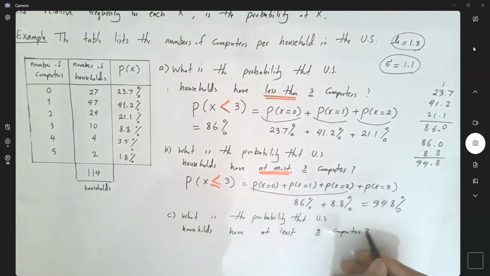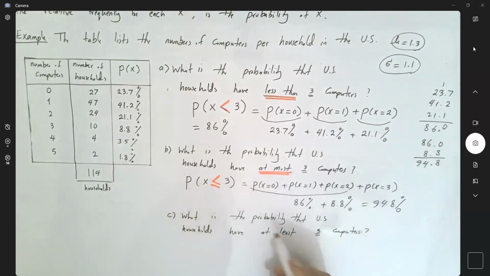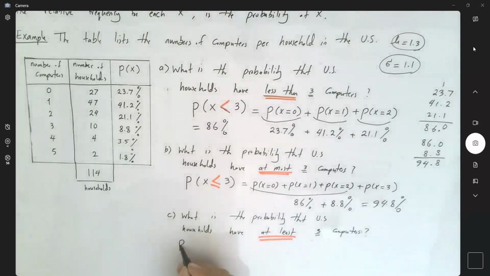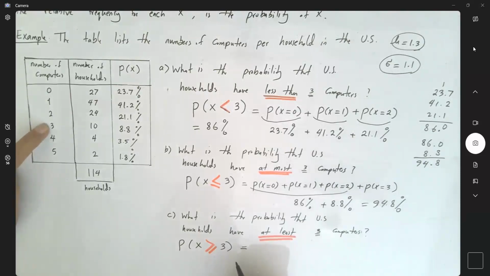At least. Okay, when you're talking about at least, it is more than or equal to 3. So we want to know what is the probability that X is more than or equal to 3, either 3 computers or 4 computers or 5 computers.